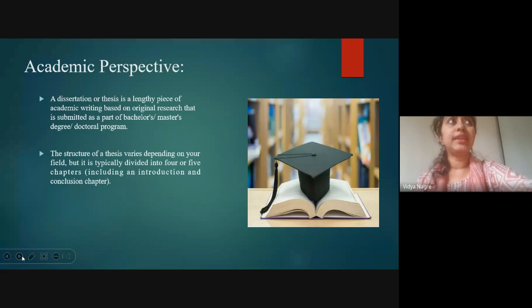Now, when you say that there has to be an addition to the existing stream of knowledge, it doesn't mean that you should not refer to or challenge the previous theories. You can definitely. This is how the study always evolves. The discipline of knowledge has always evolved. Some scientists or theorists have propounded some theories. For example, the theory of intelligence.